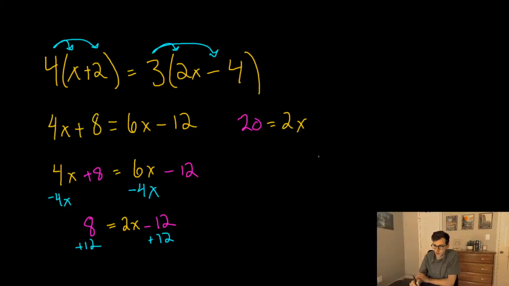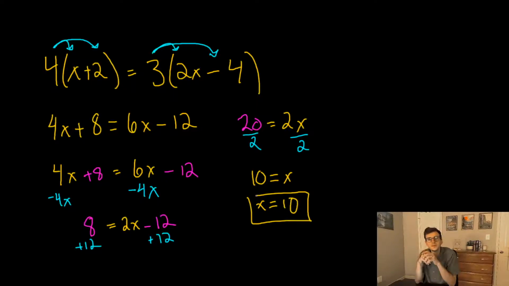Divide both sides by 2. We get 10 equals x, which, if it makes you feel better, you can write as x equals 10. So that's the answer: simplifying first and then going further.